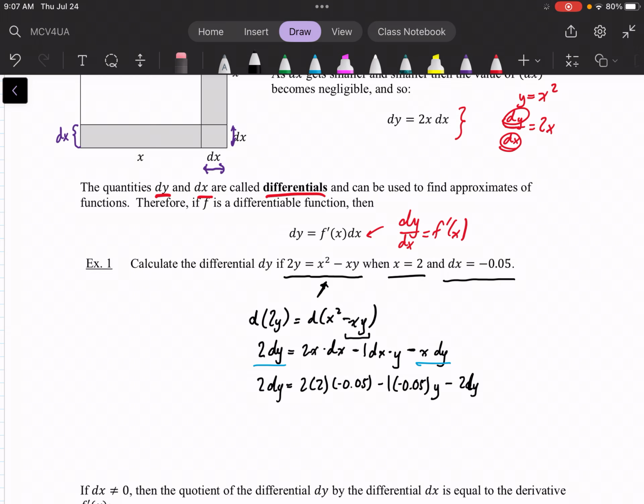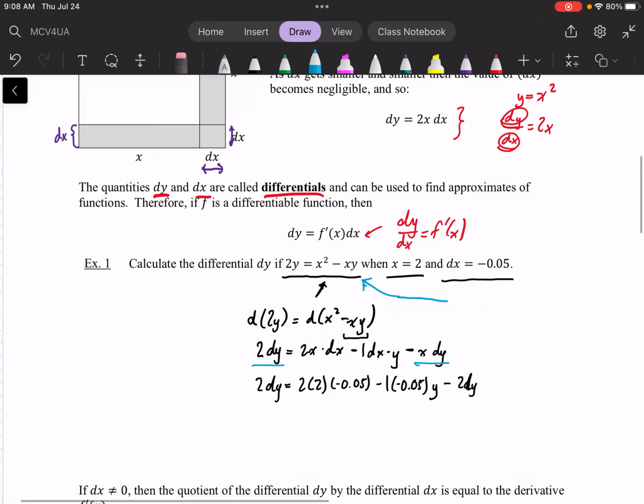Well, I do have an original expression here, and the original expression did have variables for x and y, so I can solve for y in this case. I'm going to get 2y equals x squared, well, x squared is just 2 squared, minus 2 times y. So 2y plus 2y is 4y. 2 squared is 4. y is equal to 1. Now I have a value for y.